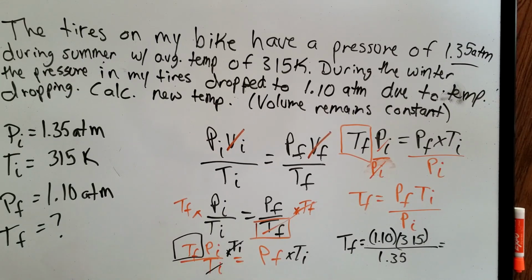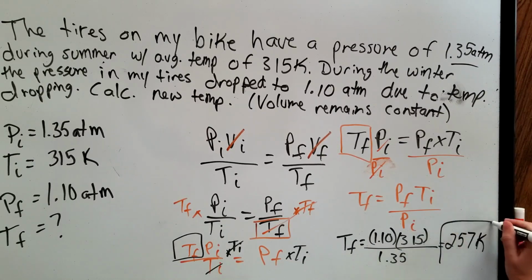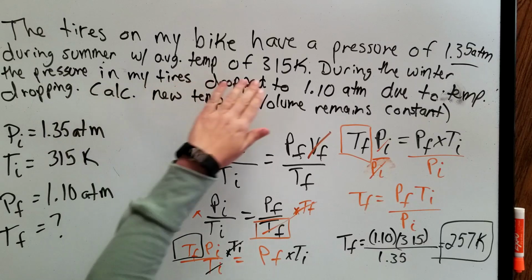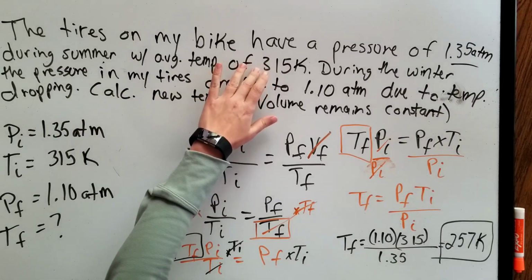And I get, how many significant figures are we looking at? 3. So 257. And it's a temperature, so the units are going to be K for Kelvin. The original question said that during the summer, we had an average temperature of 315.